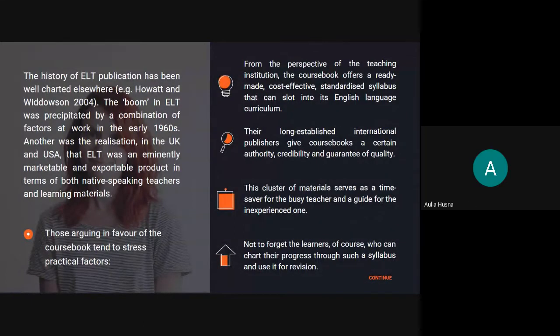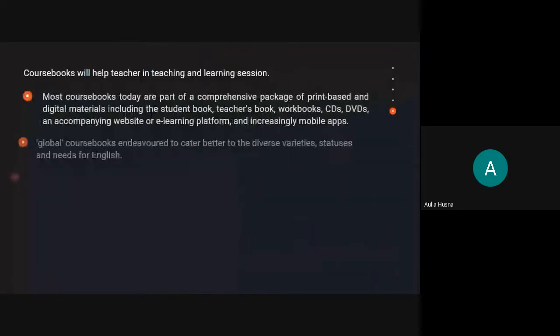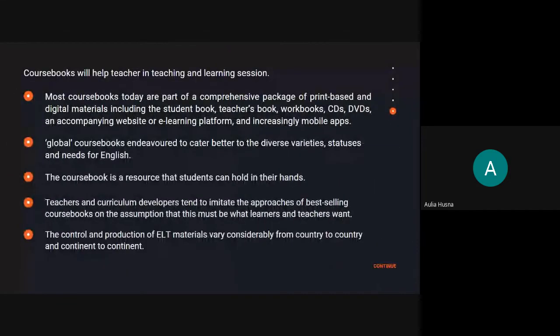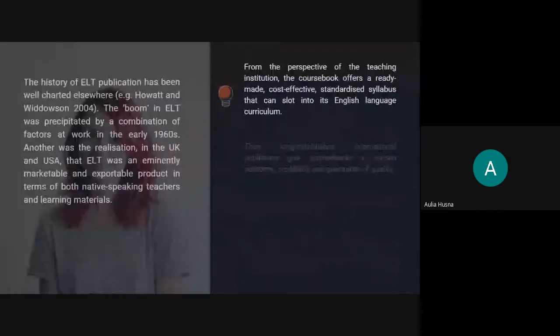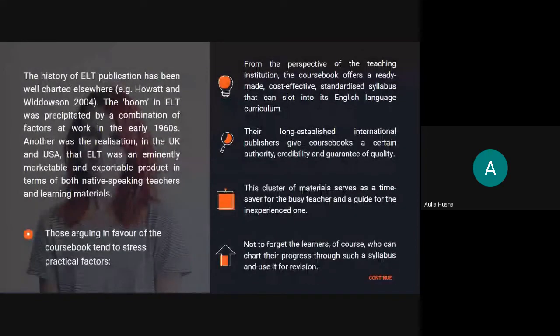The history of ELT publication has been well charted elsewhere, for example Howatt and Widdowson, 2004. The boom in ELT was precipitated by a combination of factors at work in the early 1960s.